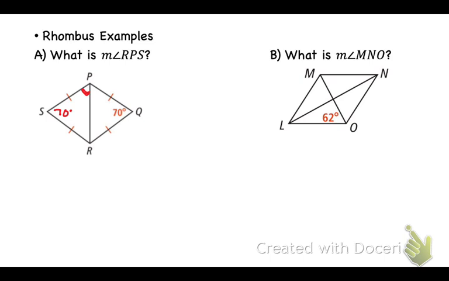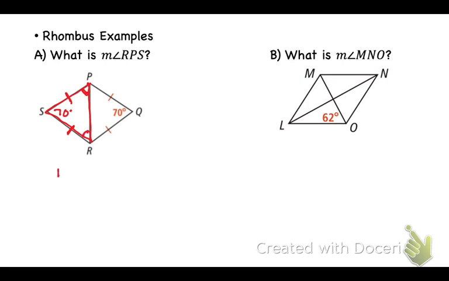How am I going to figure out the other two angles? Take 180 minus 70. Because there's 2 triangles. And what kind of a triangle do I have here? An isosceles, yes? And aren't my base angles equal?